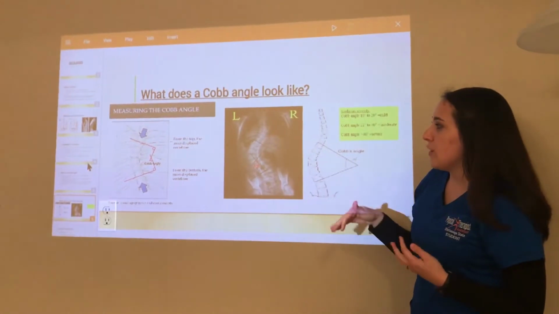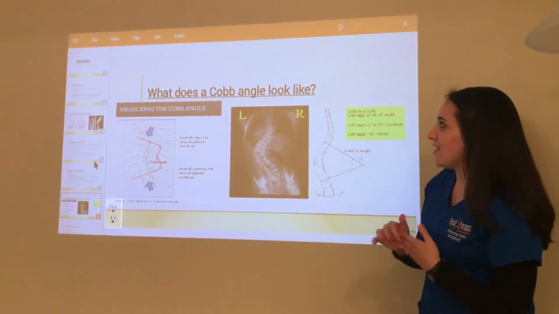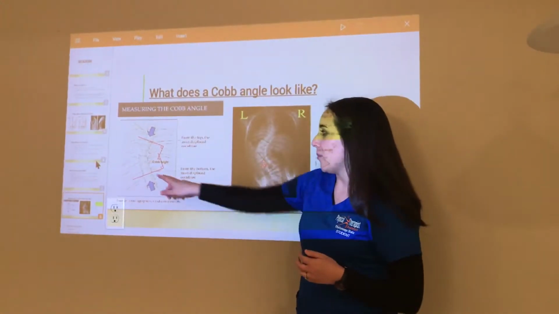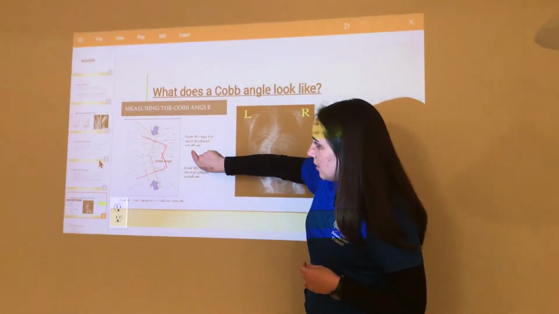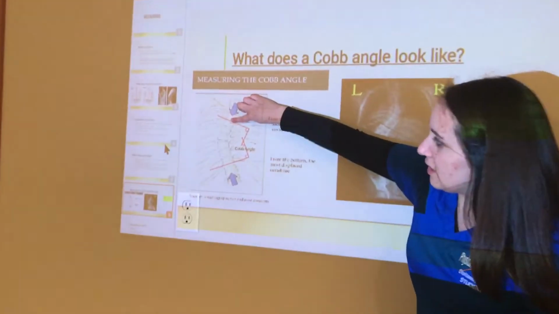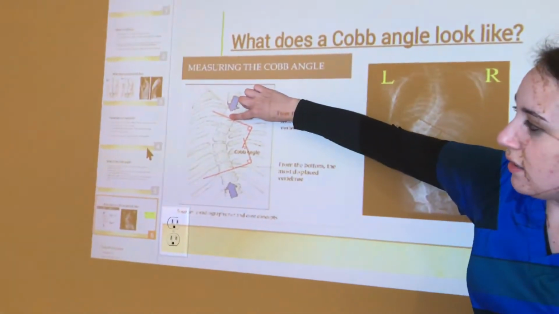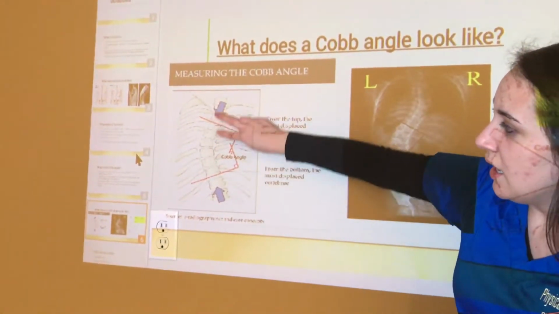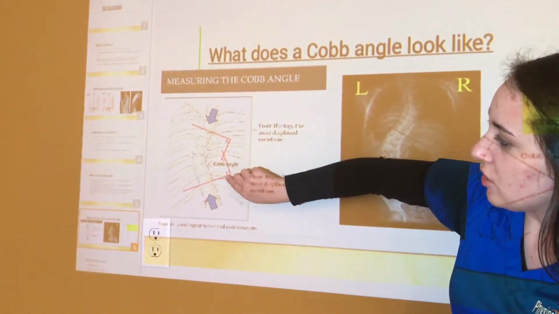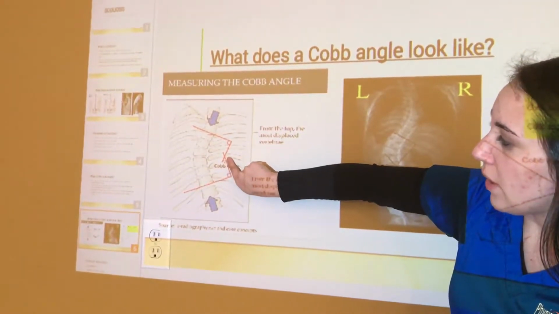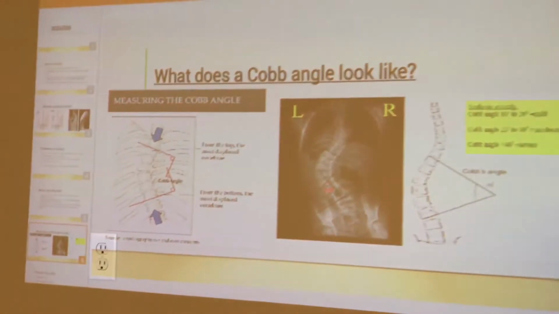So here are just a few pictures I found to visualize the Cobb angle. I know it's kind of hard to think about, but this is the first most deviated vertebra, and this is the second. They have two lines drawn from them, and the angle that they form right here is the Cobb angle.